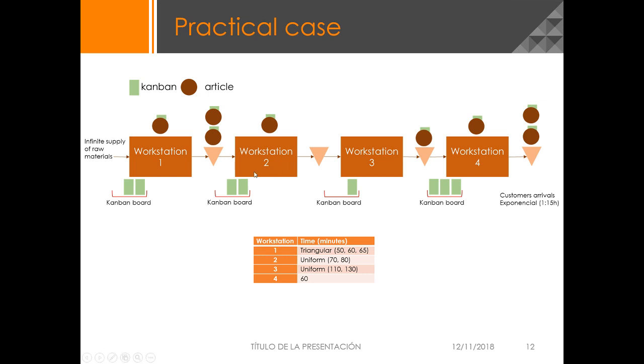And we have here a table with the times for processing a single unit in every station. We have a triangular distribution with the parameters 50, 60, and 65.